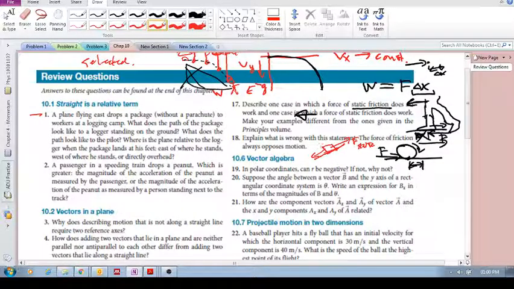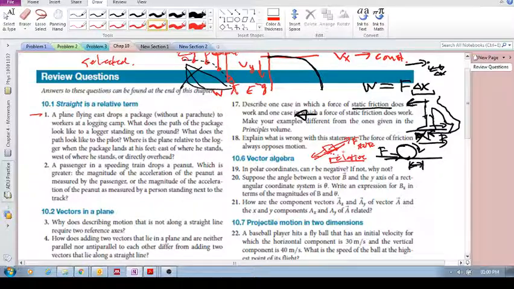Well, that's true, but the friction force doesn't always oppose motion. It always opposes relative motion between these two. So it always opposes relative motion.